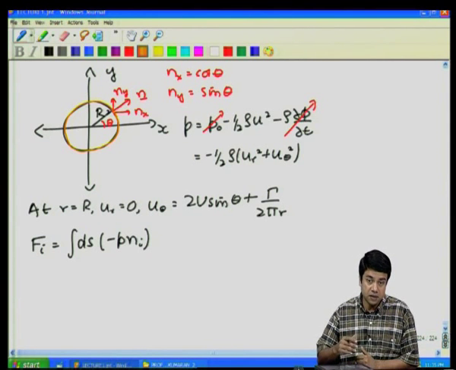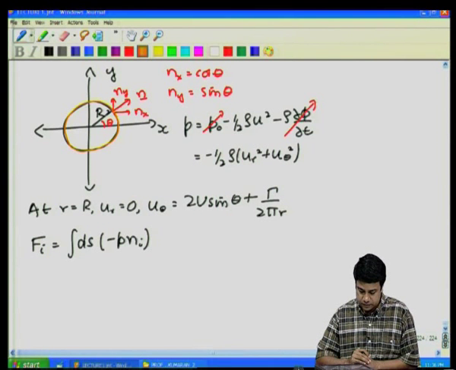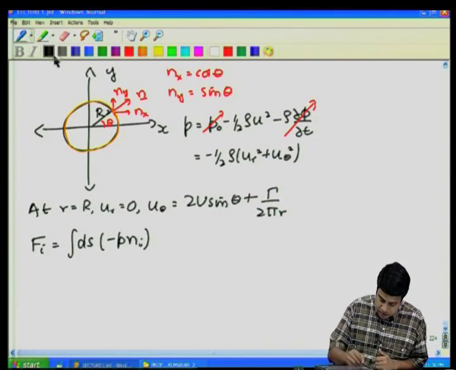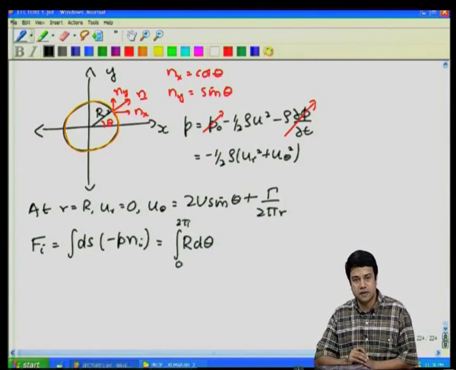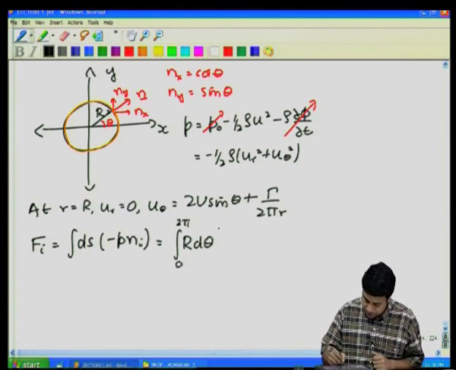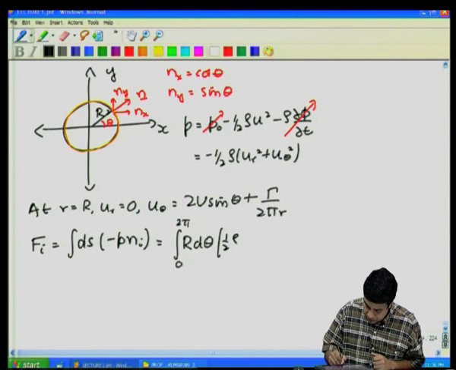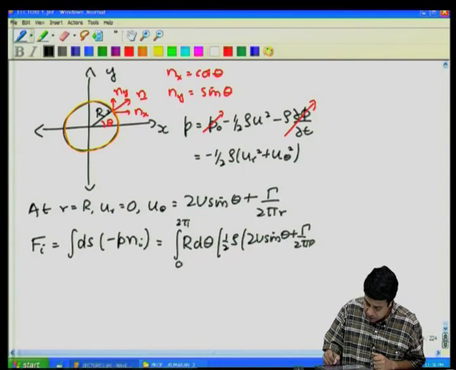And if we integrate along the line, we will of course get a force per unit length in the perpendicular direction. So, ds along this is r d theta, and theta goes from 0 to 2 pi along the surface, minus p n i. P is equal to minus half rho u theta square. So, I will get half rho into 2 u sin theta plus gamma by 2 pi r, the whole square.